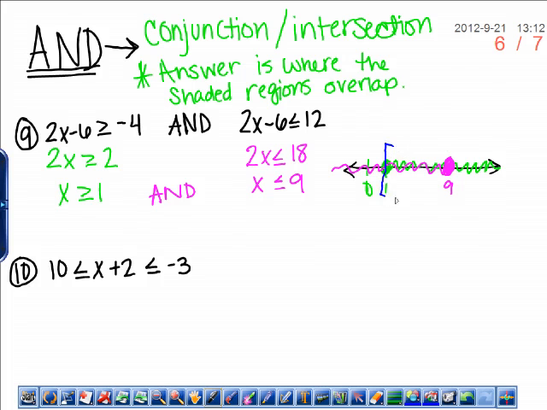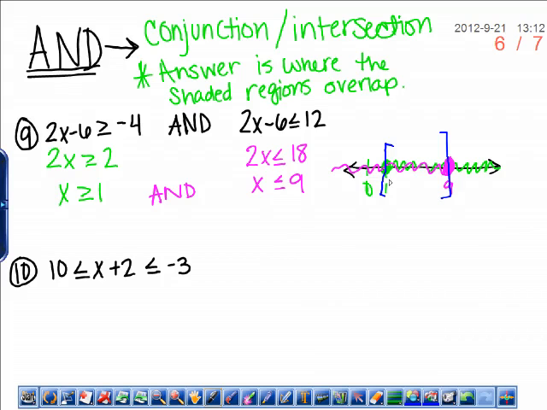Between 1 and 9. Are 1 and 9 included? Yes, because it's a closed circle and then the shading overlaps. Now, if there was an open circle at 1, would 1 be included in your solution? No, because it would just be that other color.